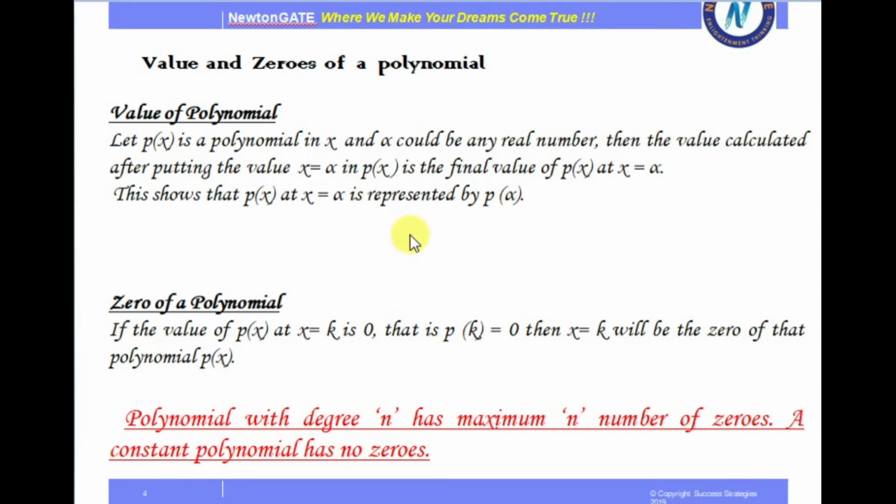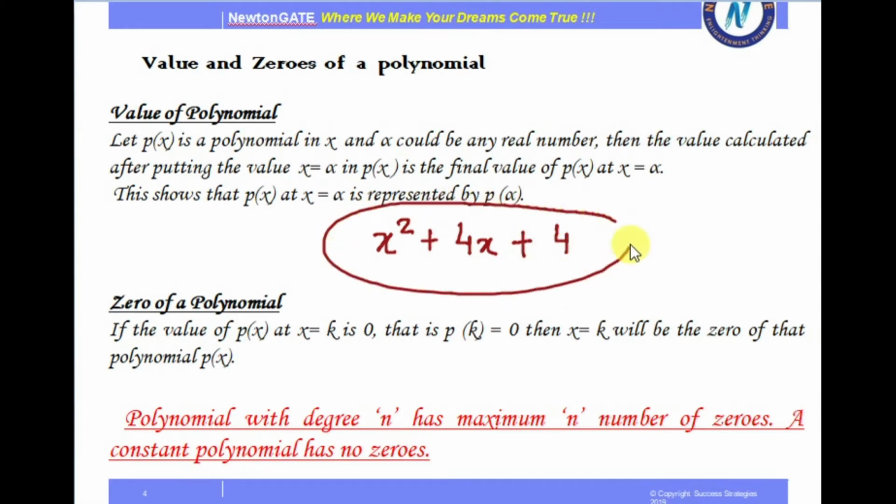Suppose here I am taking x squared plus 4x plus 4. Here I am taking a polynomial. Definitely this is of degree 2, but here we are not bothered about that.